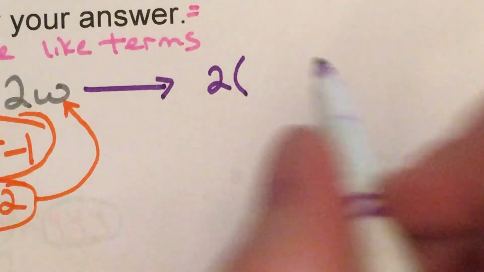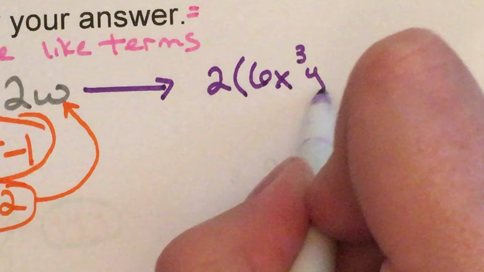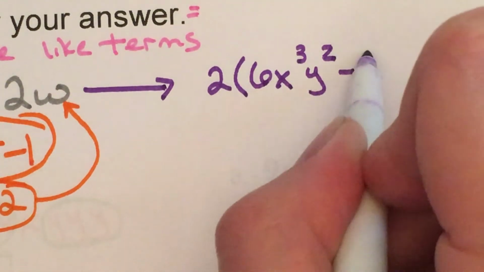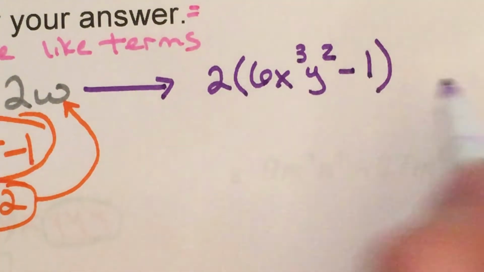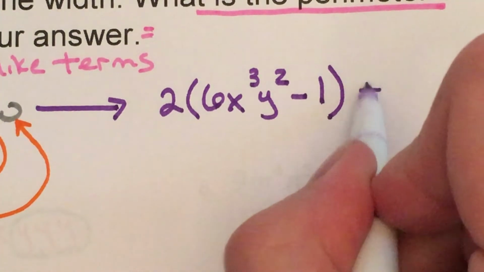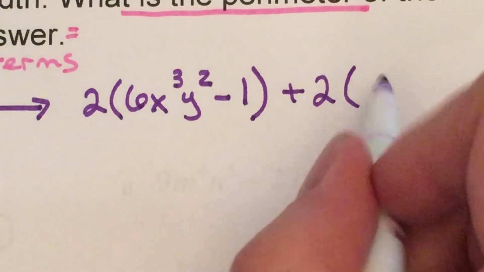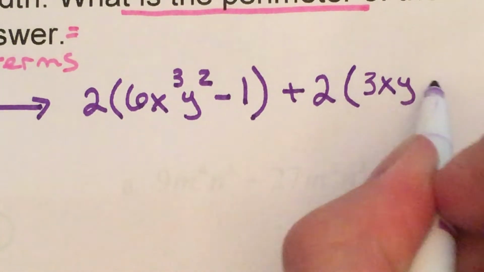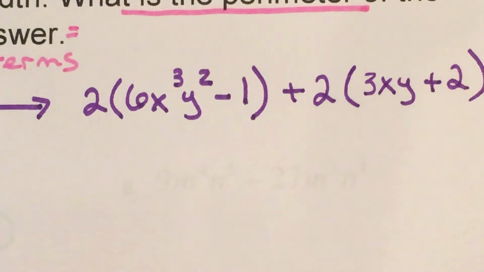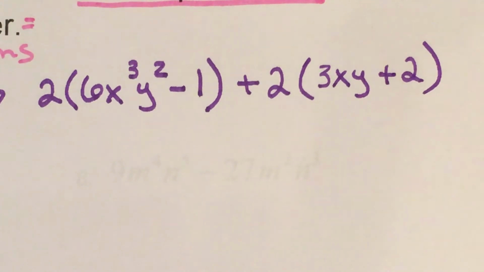What was the length? 6x cubed y squared minus 1. Close parentheses. Plus 2 times the width. What is the width? 3xy plus 2. Great. So we've done it. We have found the perimeter. It's not cute, but we've done it.